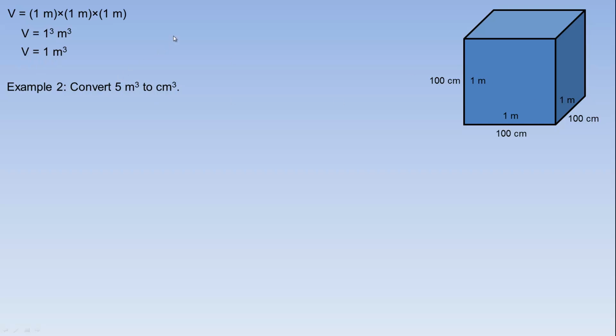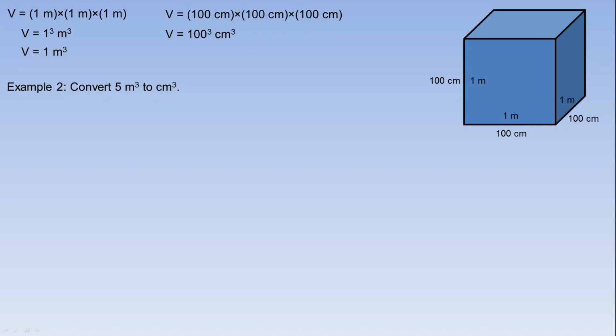So let's do the volume calculation with the centimeters now. In cubic centimeters, it's 100 centimeters times 100 centimeters times 100 centimeters. Those are the 3 dimensions, and of course there's 3 hundreds multiplied here. So we could write that 100 times 100 times 100 as 100 cubed. And cm times cm times cm, there's 3 of them, so that's why it's centimeters cubed.